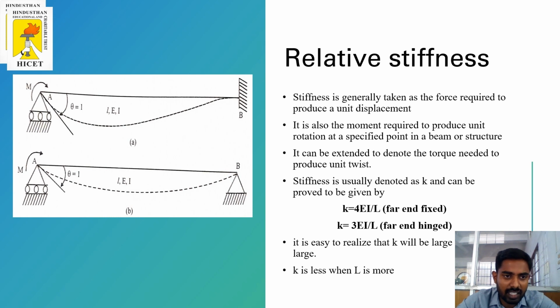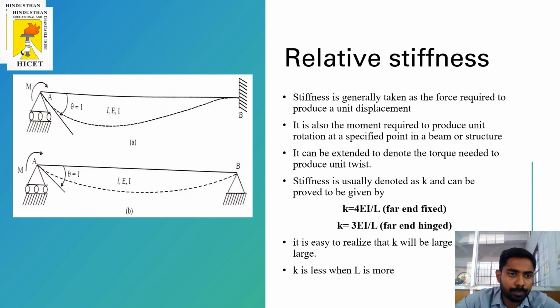Since A is a hinged support, we use the formula K equal to 3EI by L. It is easy to realize that K will be large if E, Young's modulus, and I, moment of inertia, are large. In the same way, K will be smaller when the length L is more. That is, L is inversely proportional to K, and E and I are directly proportional to K.